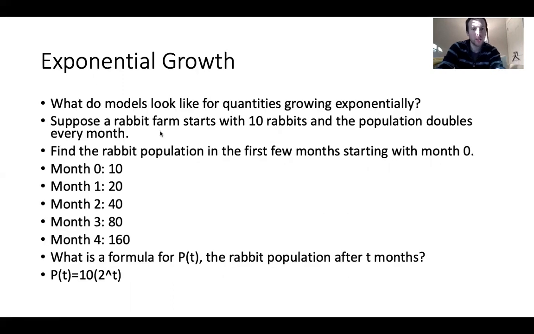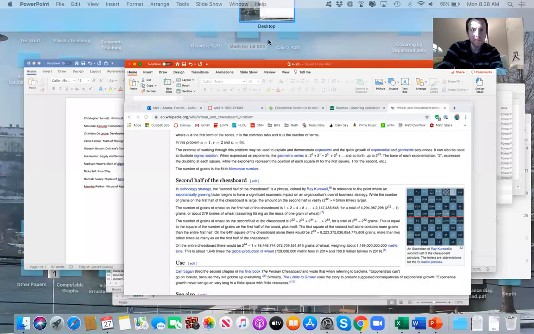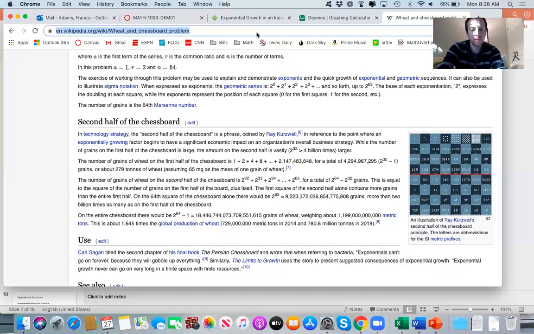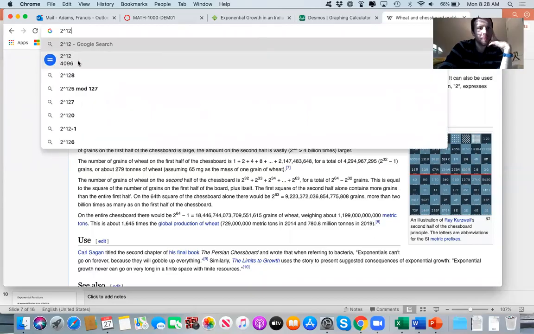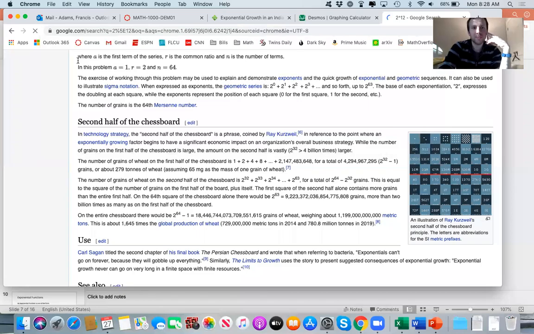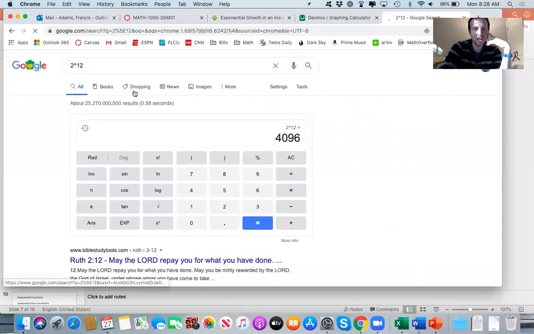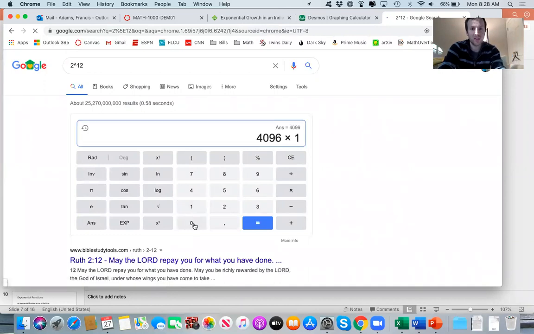And just to see how many rabbits you'd have at the end of a year, you would have 40,960 rabbits. 4,096 is 2 to the 12, so after your 12 months, times the 10.